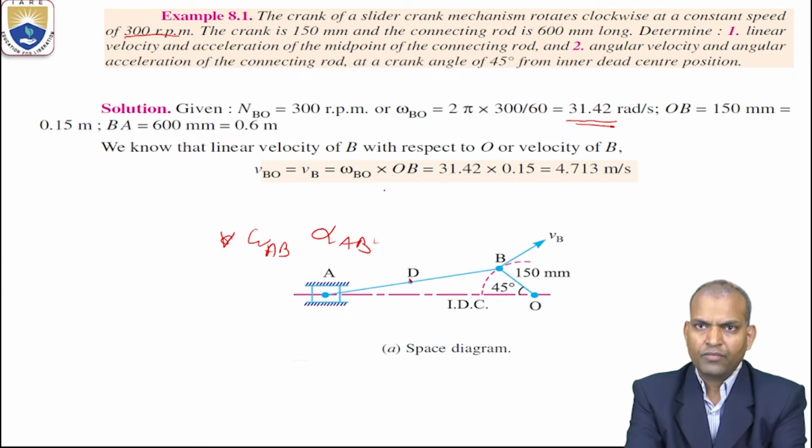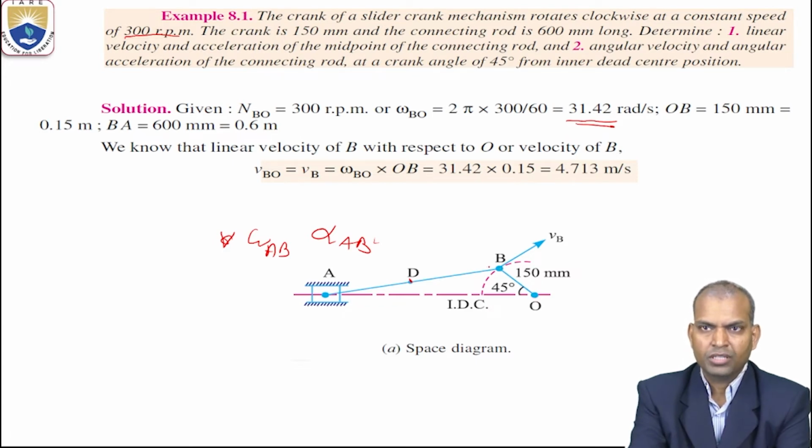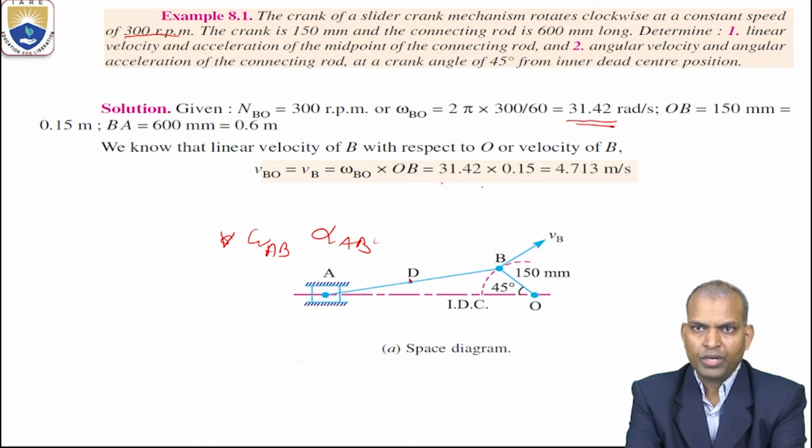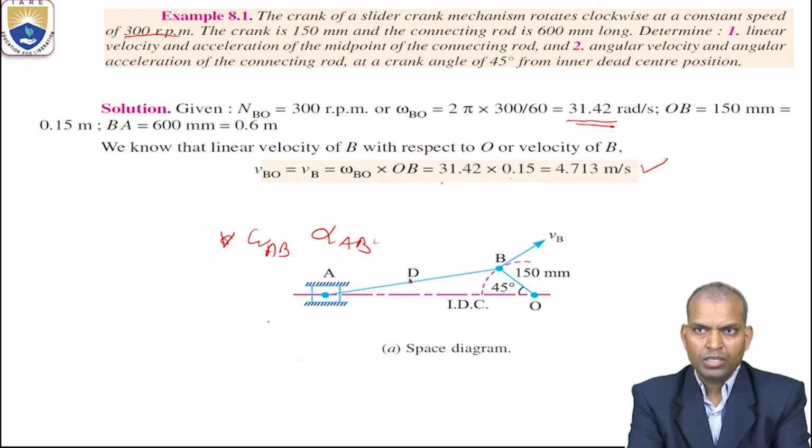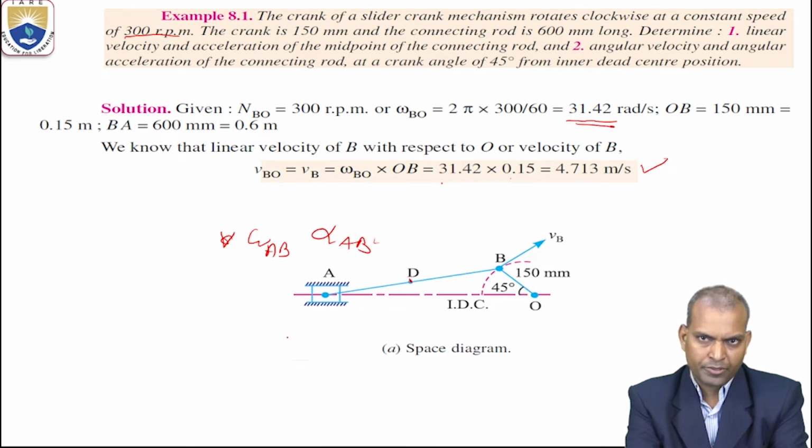And what is the length of OB? The crank length is 150 millimeters, converted to meters, 0.15 meters. That is 31.42 times 0.15, that is 4.713 meter per second. So VBO equals 4.713 meter per second.